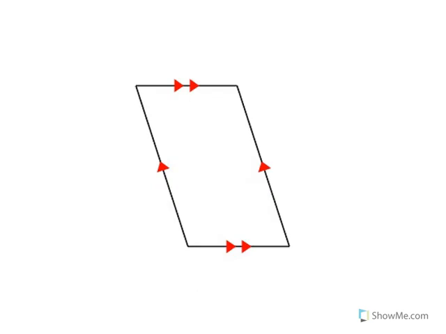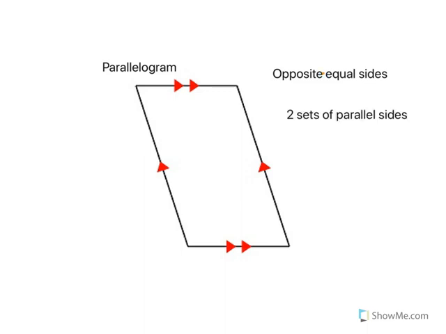Okay, what shape do we have here? This is a parallelogram. It is a parallelogram because it has opposite equal sides, and it also has two sets of parallel sides. So we know that a parallelogram has opposite equal sides. It also has two sets of parallel sides. So what we're going to do is use these arrows that they've already drawn on the shape for us.